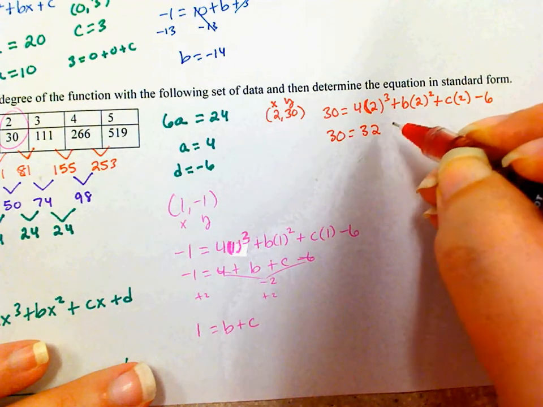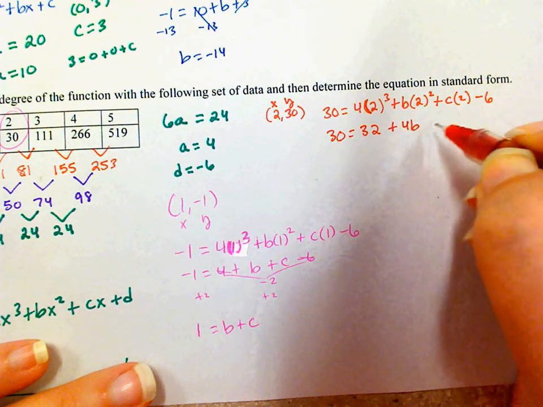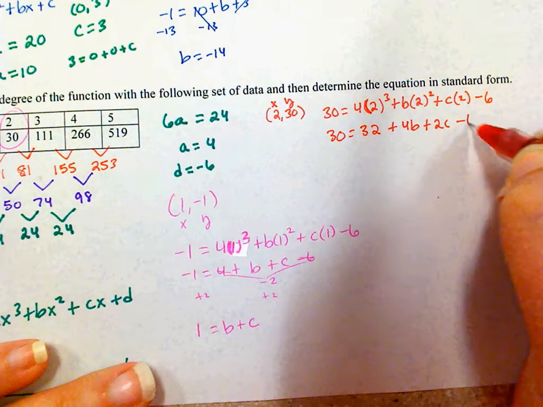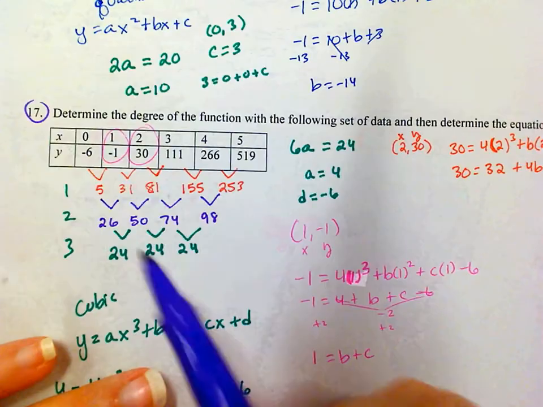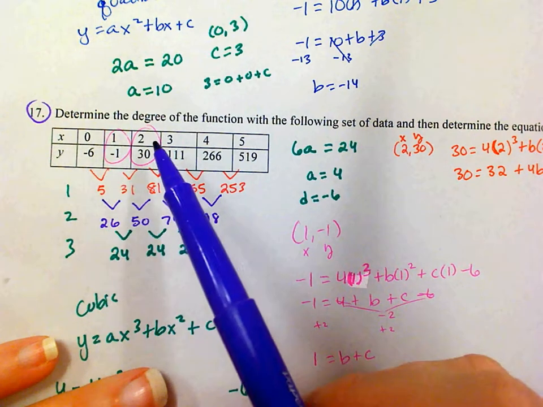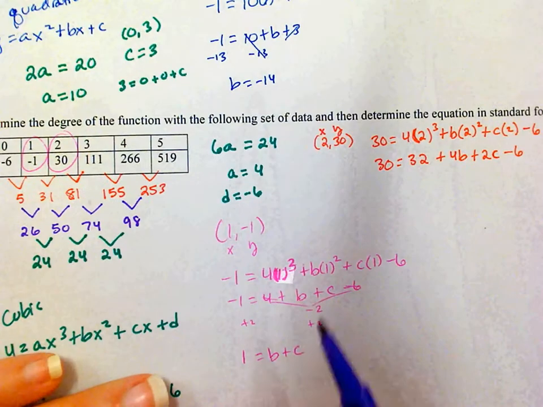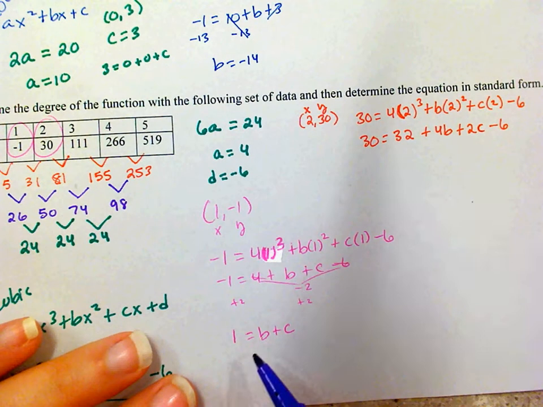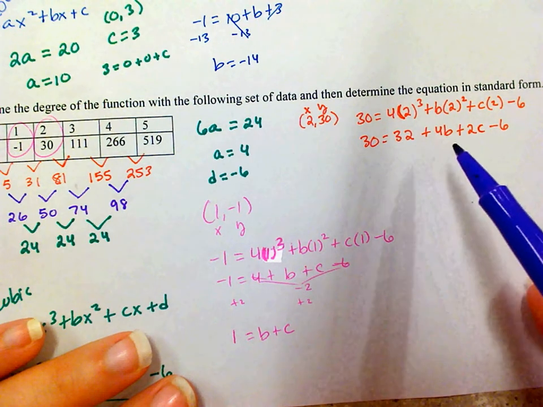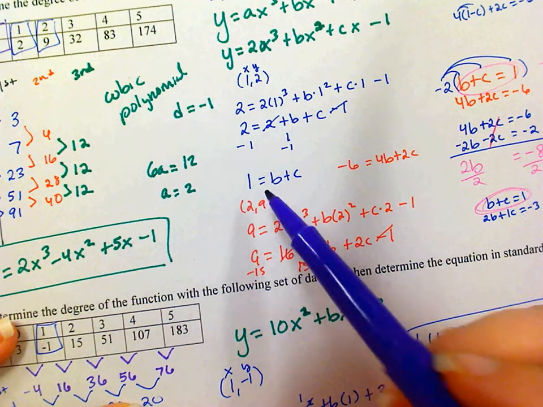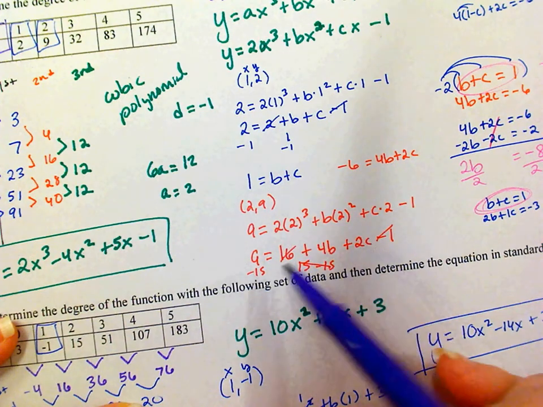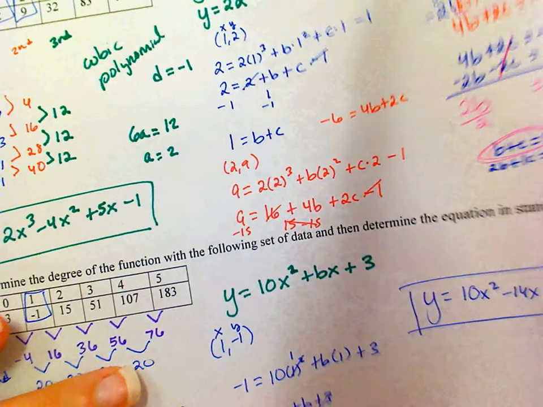You might have noticed that if we give you the data sets 0, 1, and 2 every single time, then it's always going to be b plus c equals some number, and 4b plus 2c equals some number. But anyway, okay. 32 minus 6 is 26.